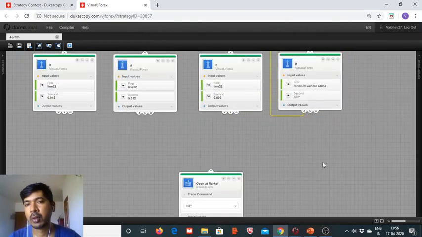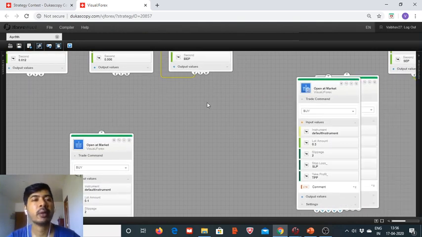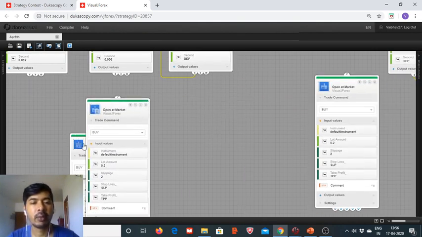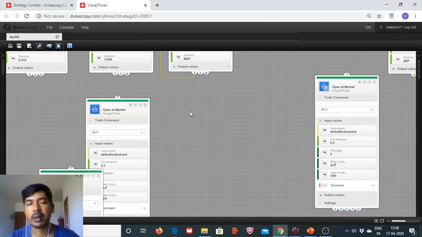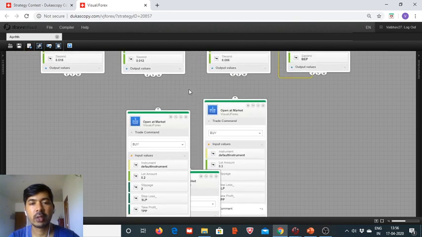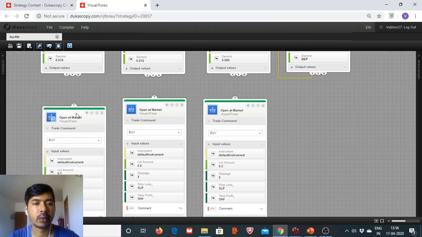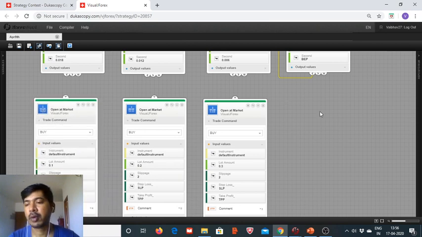Now if the ATR is less than 60 pips, then we will go in with a larger lot size. Then if it is more than 60 pips but less than 120, then we will use 0.2 million as our lot size.